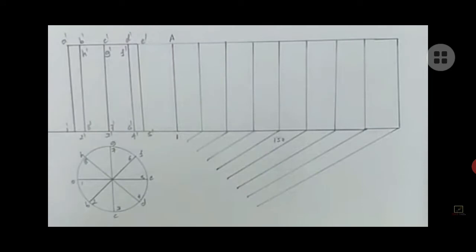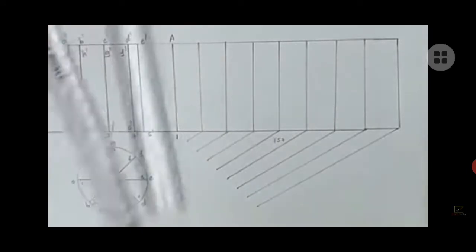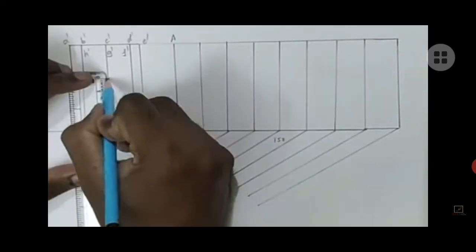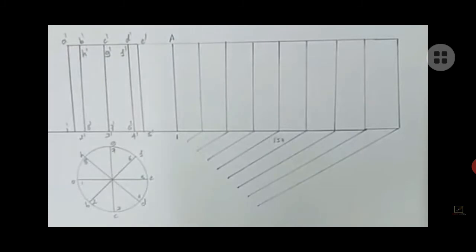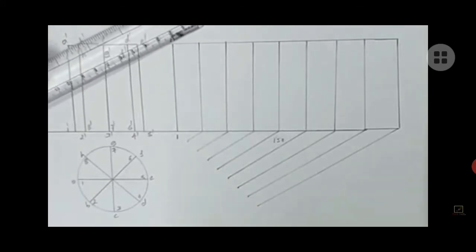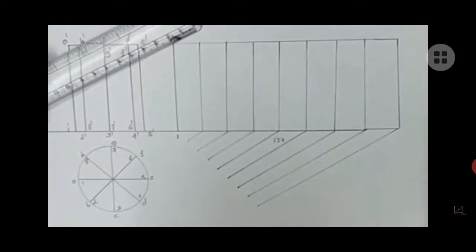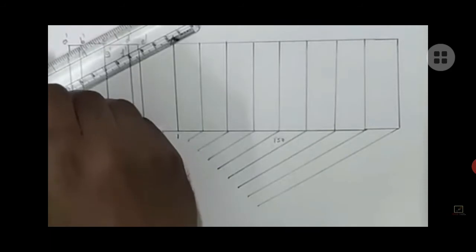Now locate the cutting plane. How to locate the cutting plane? The cutting plane cuts the solid 40 above the base. Take a protractor and mark a 40 degree angle and cut the section, cutting the lines here.